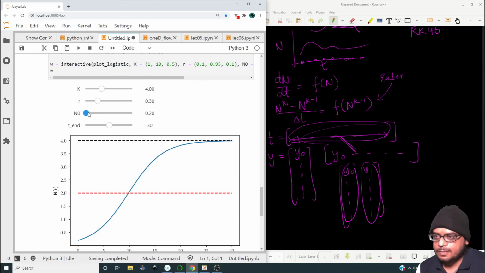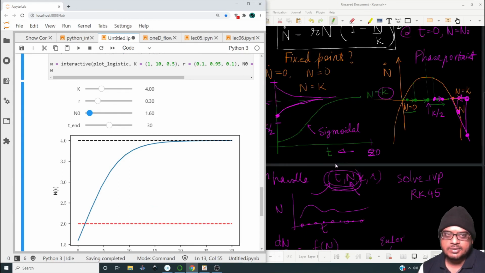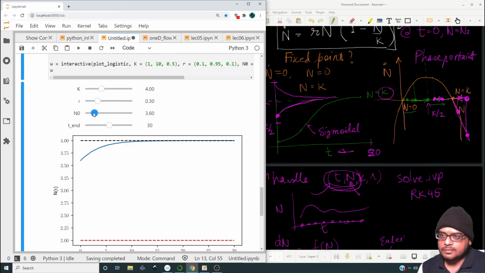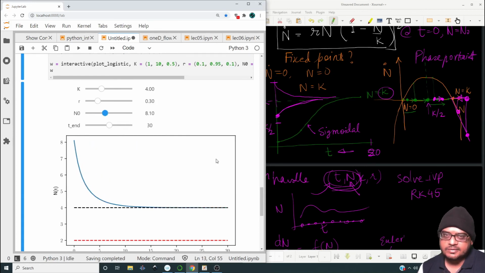All right, so when n naught is smaller than k by 2, we do have that sigmoidal kind of curve. When we increase this, we start getting that monotonous increase which we had predicted. And once we exceed it, we do have a monotonous decrease as we had predicted as well.